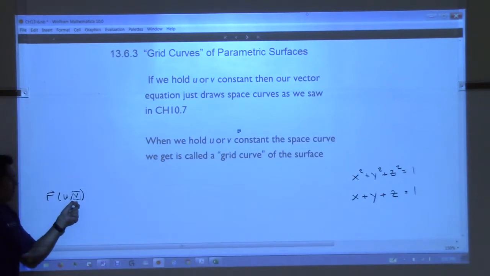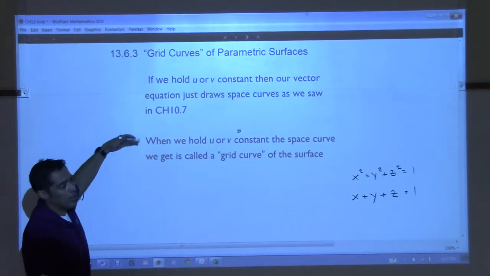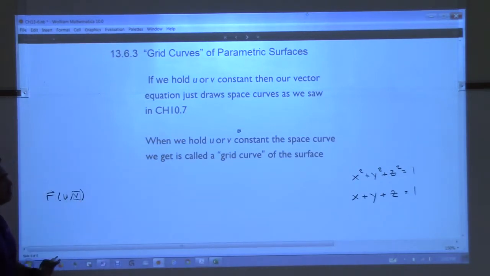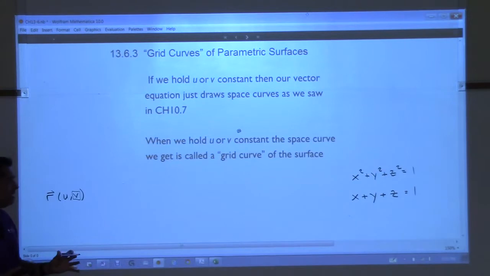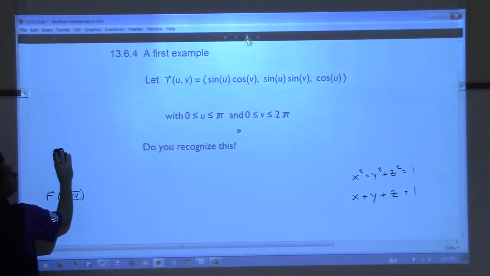So if one of these is held constant, we're going to draw a curve in three-dimensional space. And the curve that we would draw is called a grid curve. So when we hold either one of these constant, we draw a grid curve, but that'll just be one curve on the surface. And I think this will come to light here in this first example.